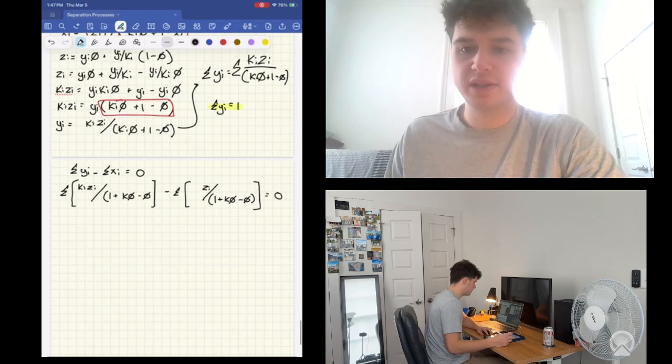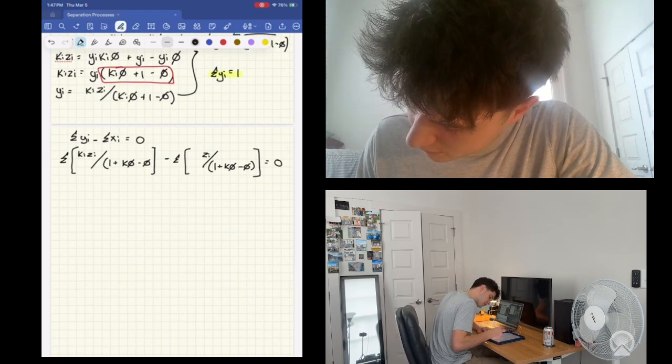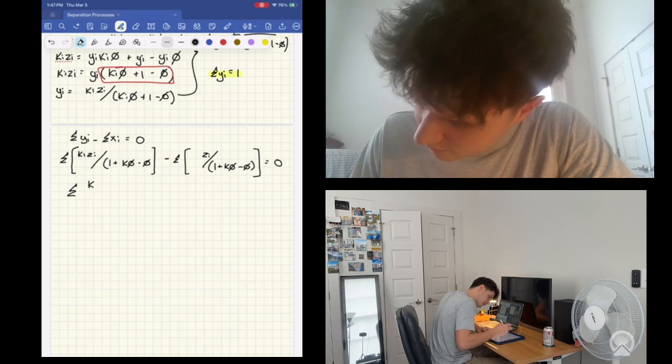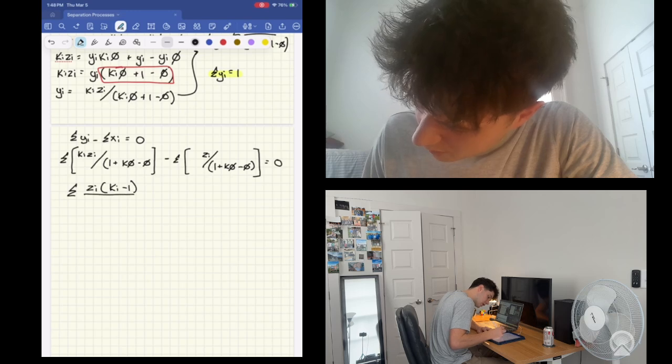Right, now we can even break this down even more, and you are left with the summation of the common term z_i times K_i minus 1 over our common denominator of 1 plus K phi minus phi.